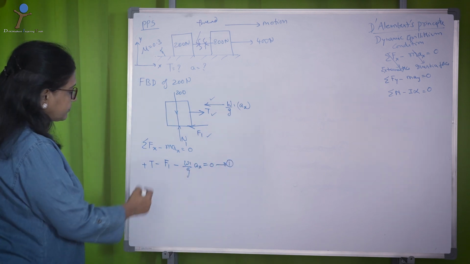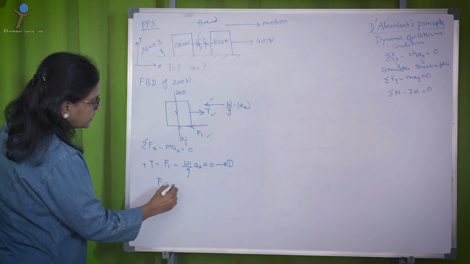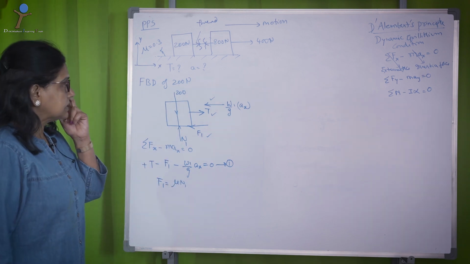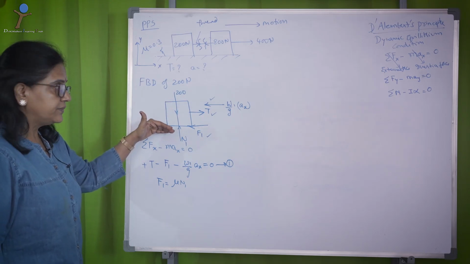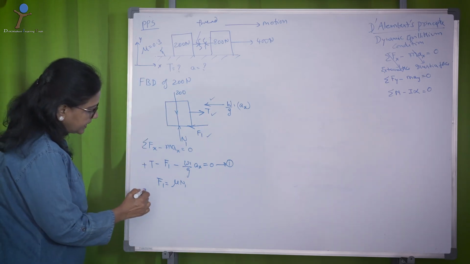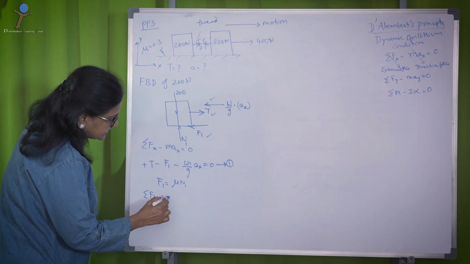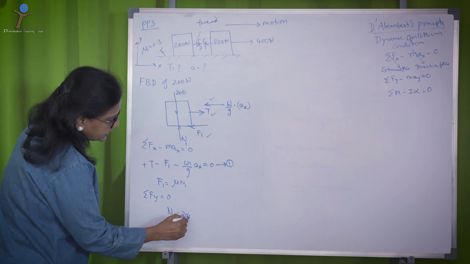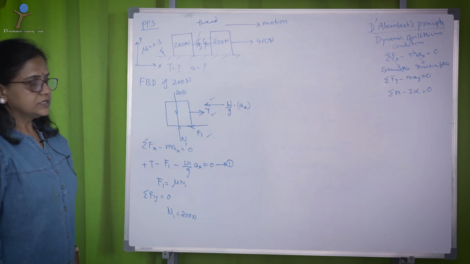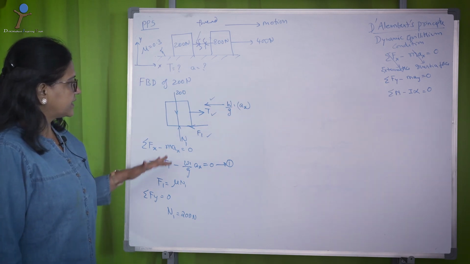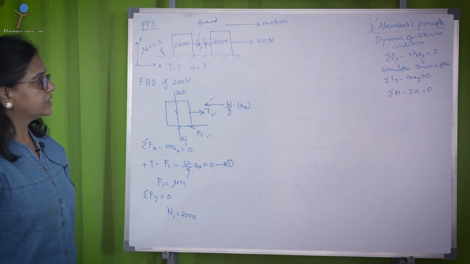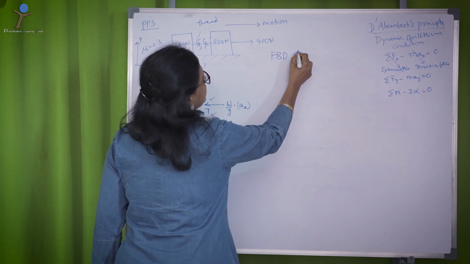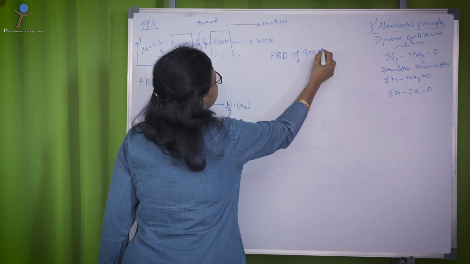Here F1 is equal to mu into N1. Now, how do you get N1? Since there is no motion in y direction, you just have to simply apply the equilibrium condition sigma Fy equal to 0 and N1 is equal to 200 newtons. So, these are the set of equations for the free body diagram of 200 newtons. Now, let us write down the equations for 800 newton.